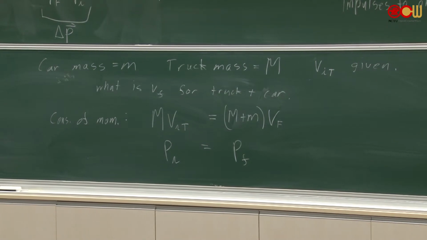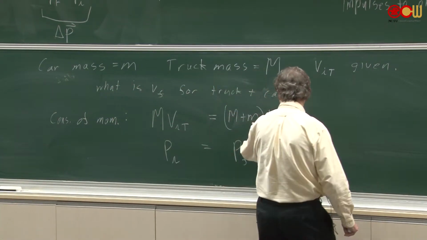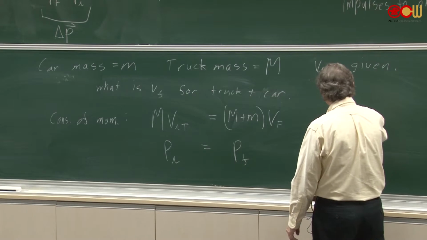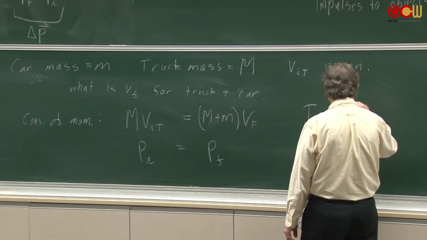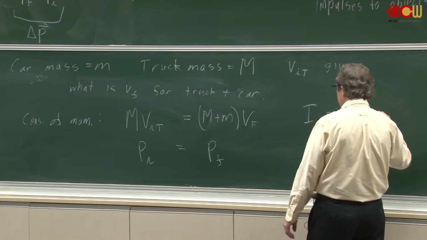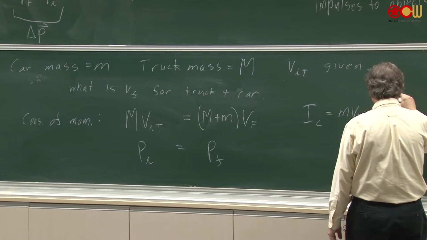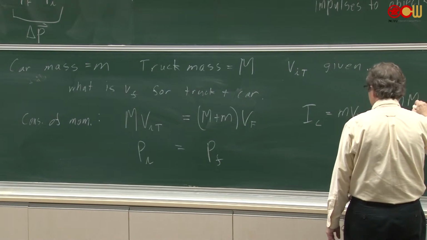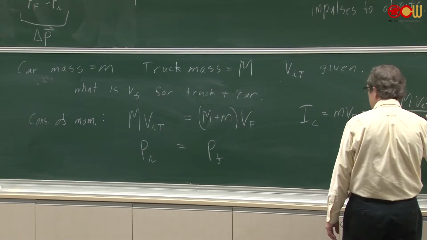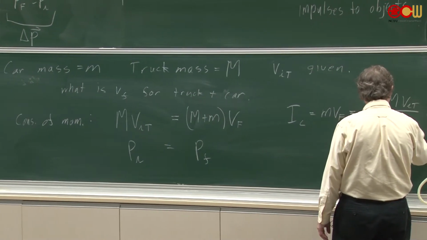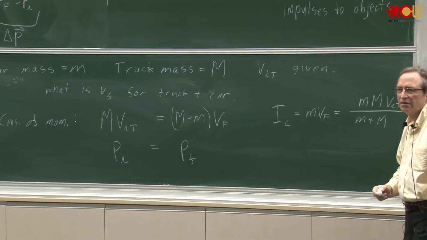What's its final momentum? It's just m times vf. So the impulse delivered to the car is m vf. And then I can put in for vf what it equals. So that's m times m v initial for the truck over m plus m. So that's the impulse delivered to the car.